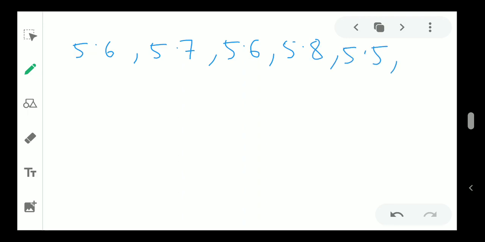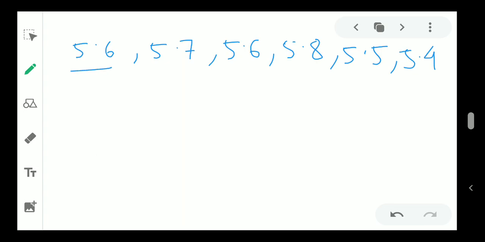Now, how do we define some quantity? Let's say you have taken data of successive measurements, and every time you have got some data like 5.6, 5.7, again 5.6, 5.8, 5.5, 5.4, like this.